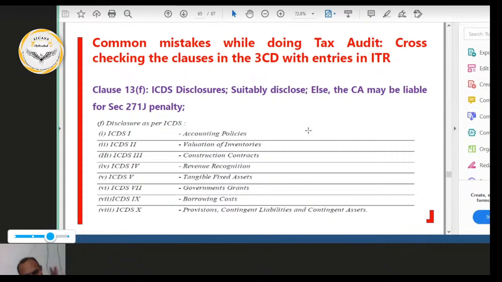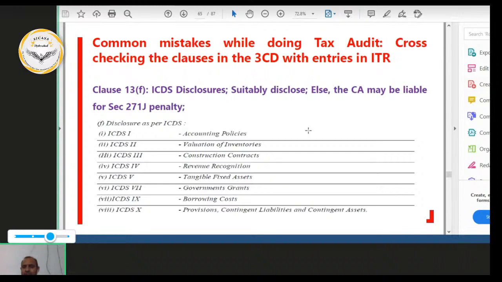Then suitable disclosures are to be made with regard to ICDS. If you feel that they are not at all applicable, or even though they are applicable, their impact on my P&L account, my computation is nil, even then, if there is anything to be disclosed, it has to be properly disclosed like under clause 13F. Suitable reference to notes to accounts at least.